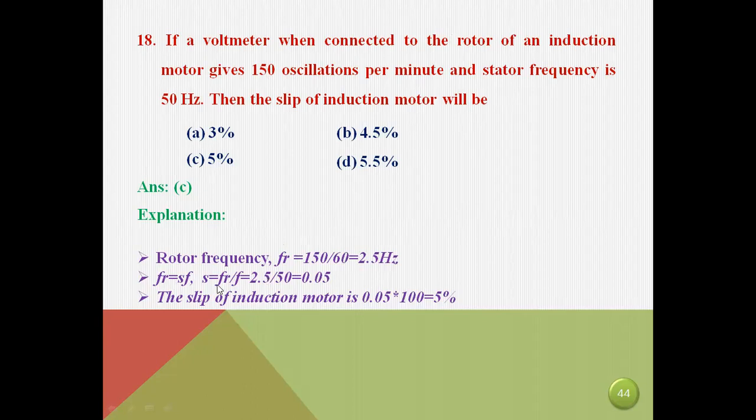Now you can put the value of Fr and the stator frequency, which is 50. If you solve, you will get 0.05, but they have asked in percent, so 0.05 into 100 gives 5%. Sometimes they will confuse you by giving 5%, 0.5%, 0.05%. If you are writing in percent, you are supposed to multiply the answer by 100. So you get 5%.